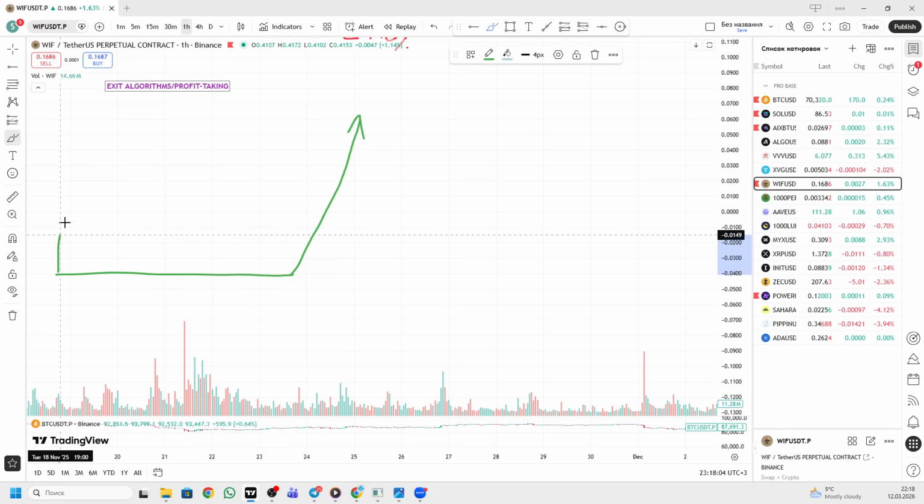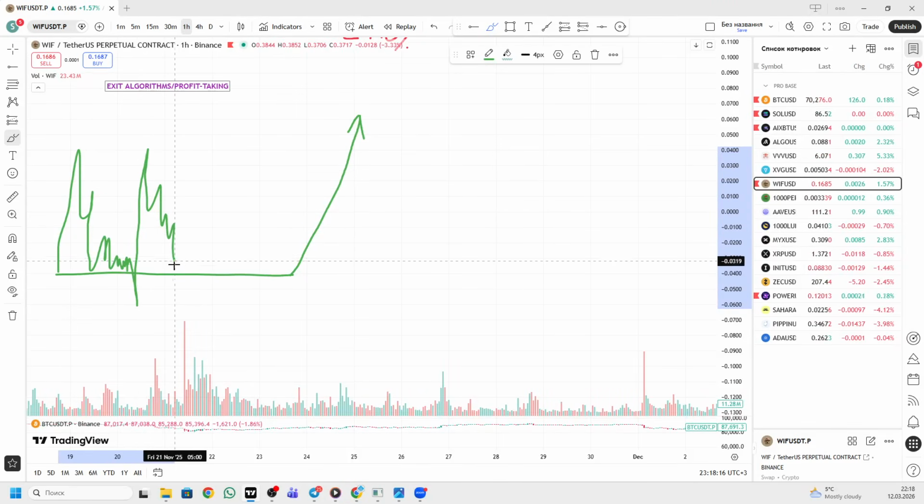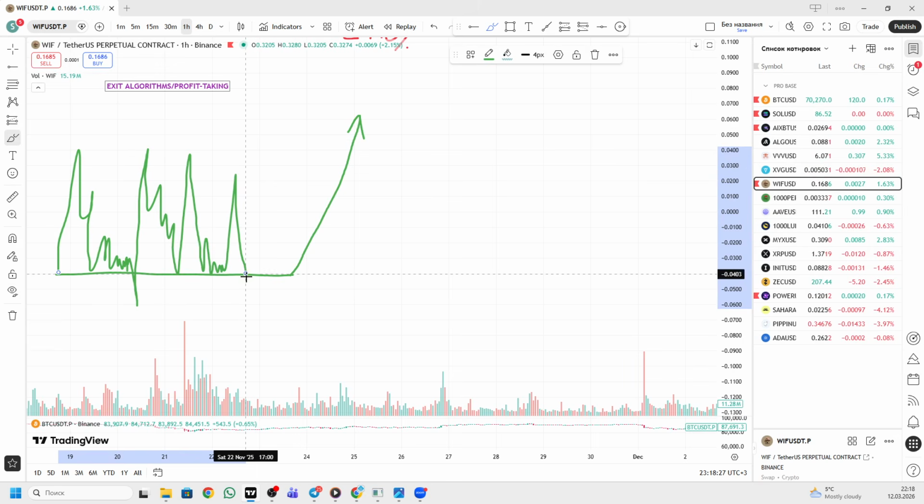For example, we have a very strong level here. It was going like this. There was a consolidation. There was a wick of a candle. Then again it went up, down, and like this. It's very strong. And it came back again here. Here we have our entry zone.